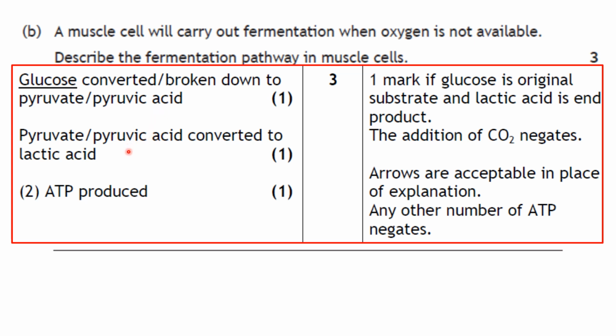Second of all, pyruvate is turned to lactic acid or lactate, and you get ATP produced, 2 ATP produced. And you can see here arrows are acceptable in place of an explanation. So even if you did that very simple wee flowchart, glucose converts to pyruvate with 2 ATP produced, and then an arrow going from pyruvate to lactate, then you'd get your 3 marks there.